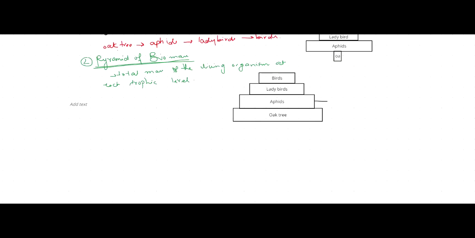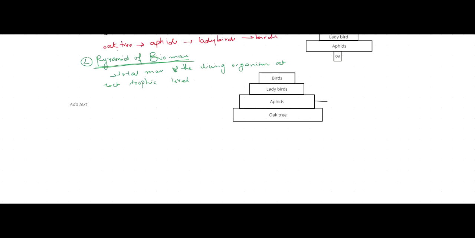It's going to get even less than what the grasshopper ended up with, because the amount of energy stored in the grasshopper is quite small, right? Then this ladybird is also going to lose energy. It's also going to have metabolism, movement, respiration, excretion, all of that. So that ladybird is also going to lose energy.